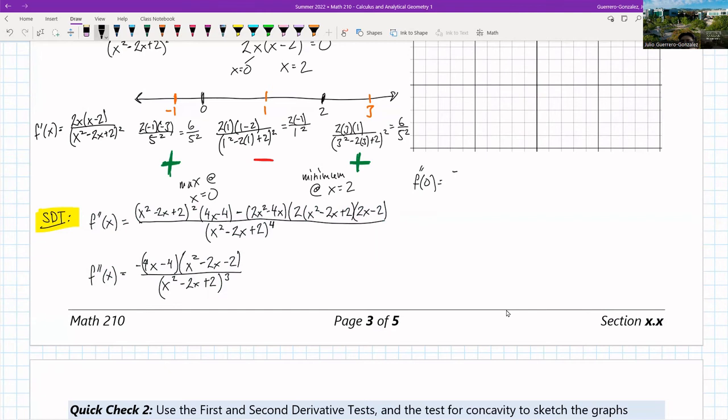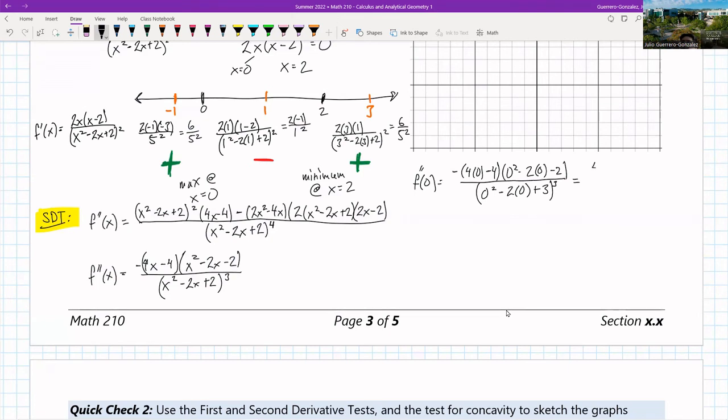So minus 4 times 0 minus 4, 0 squared minus 2 times 0, sorry, minus 2, all over 0 squared minus 2 times 0 plus 3, cubed.